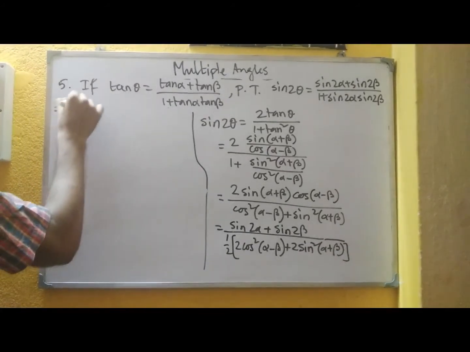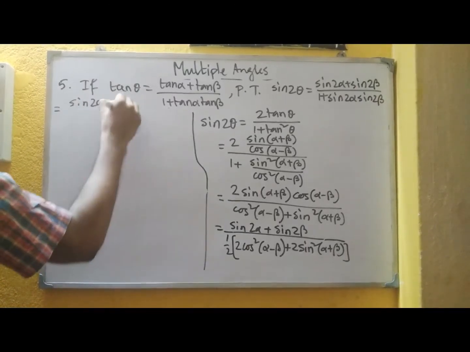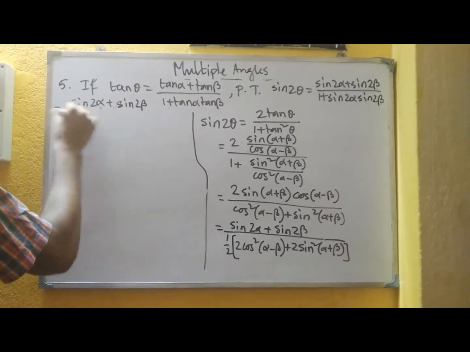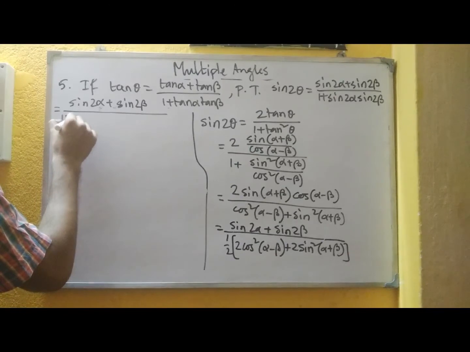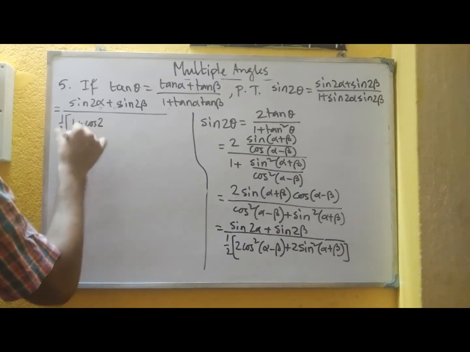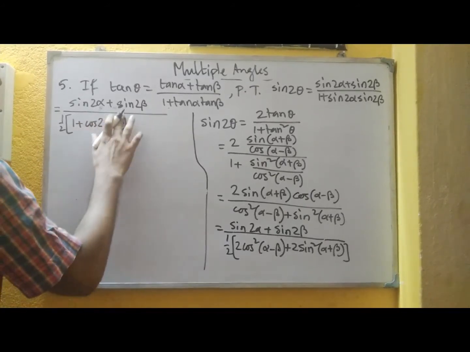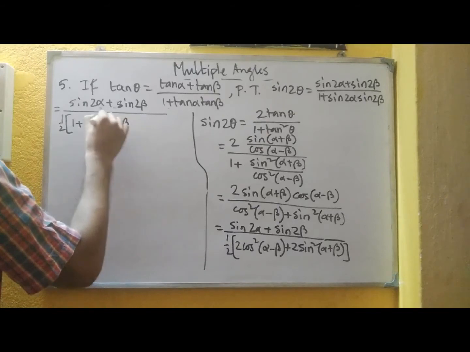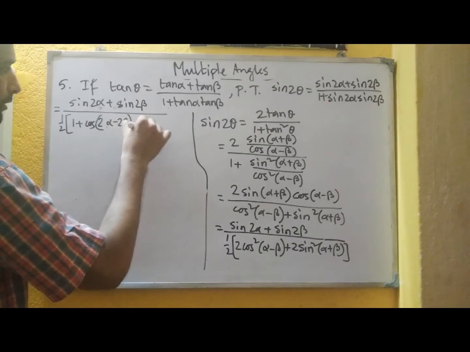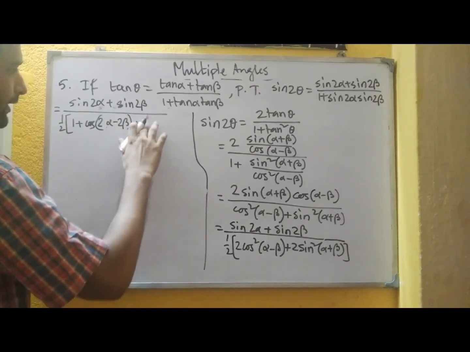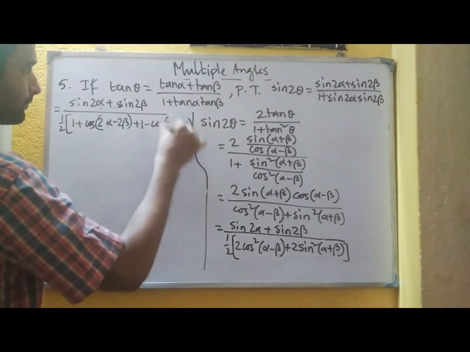For the denominator, we can write half times 1 plus cos 2 alpha minus beta, or you can write it as 2 alpha minus 2 beta, and 1 minus cos 2 alpha plus 2 beta.